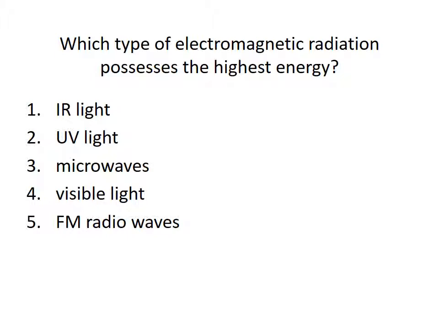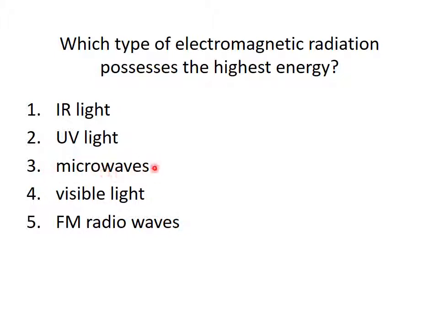Which of the following types of electromagnetic radiation has the highest energy per photon? Well, if we look at this, radio waves are very, very low energy. They have very long wavelengths, and the only amount of energy that radio waves can do is basically make a nucleus flip its spin, which is an incredibly tiny amount of energy.